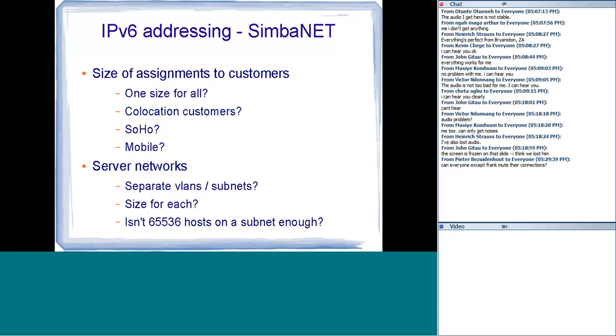And then server networks, it depends on the data center structure. If you have many VLAN subnets, you will have a different subnet for each VLAN. What the size is to be, in my opinion, again very conservative. 65,000 hosts on a subnet are very much, and then a /112 would be enough.